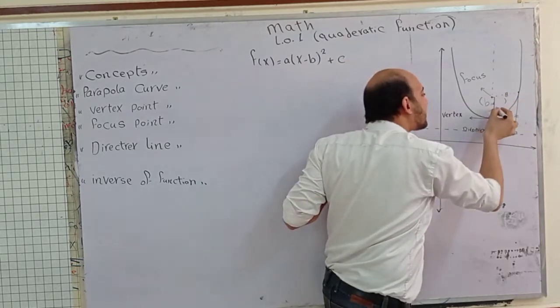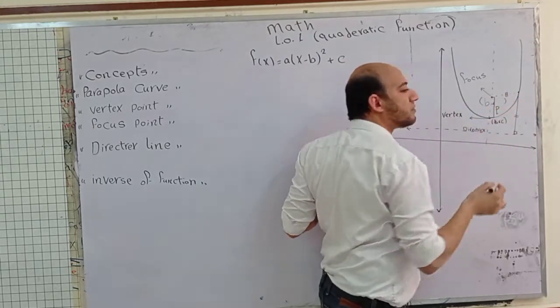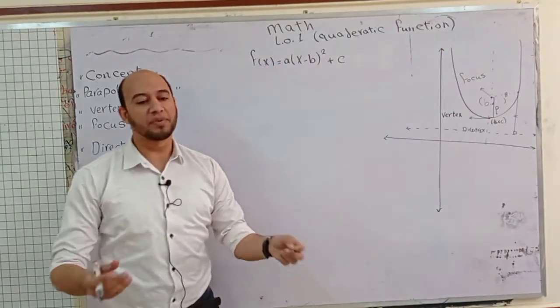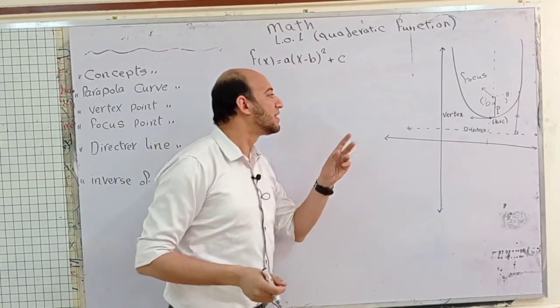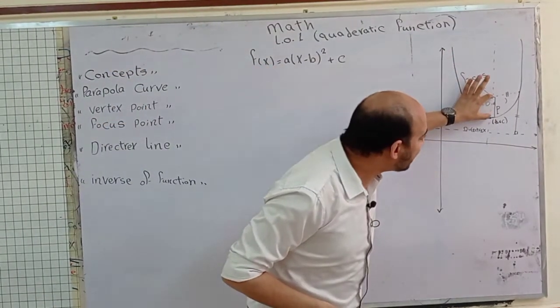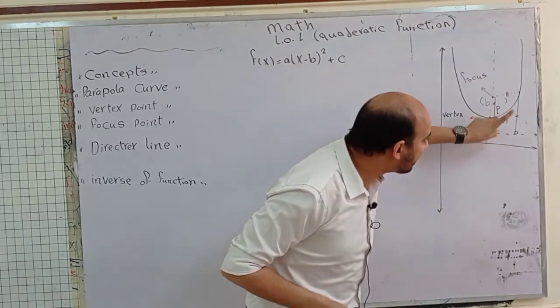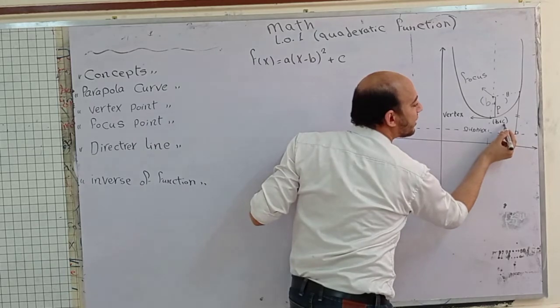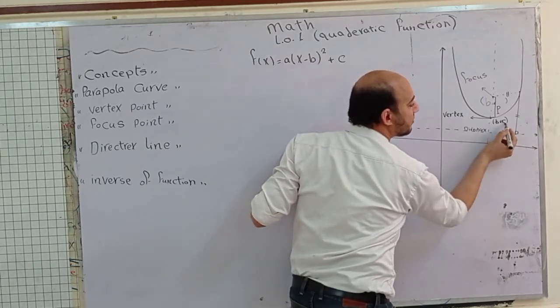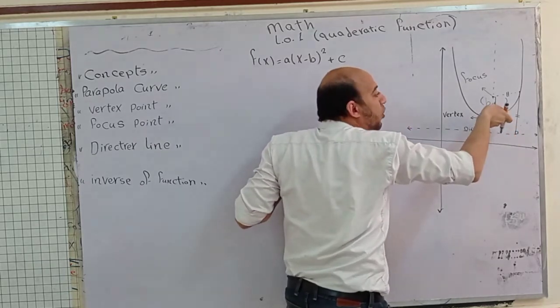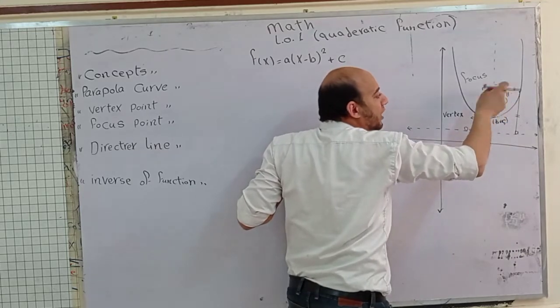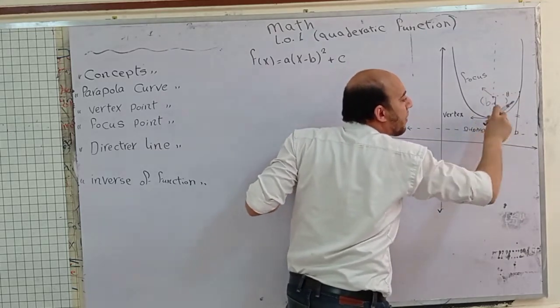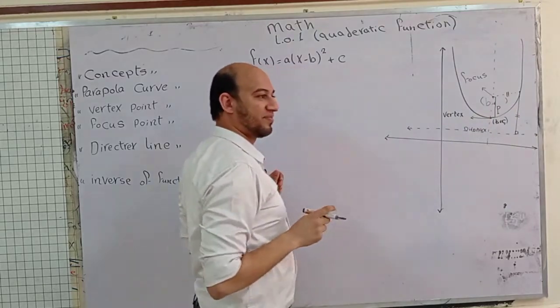This distance, I will call it P, for example, any letter. If the y coordinate for the vertex is c, then the y coordinate for the focus will be c plus p.